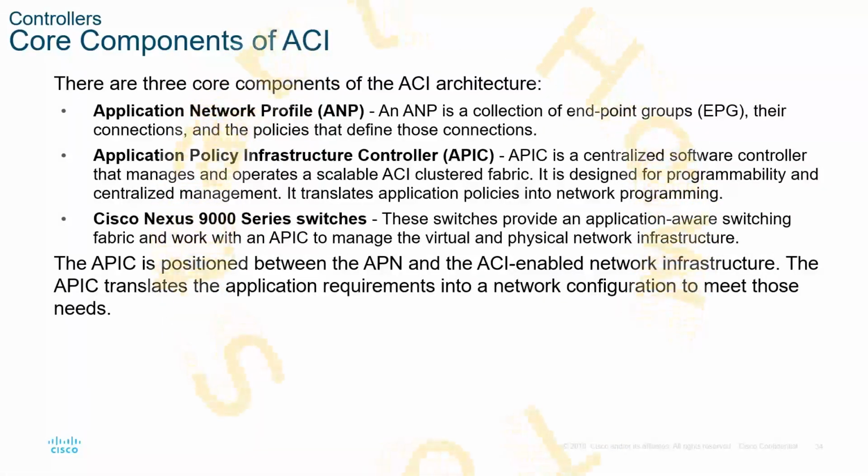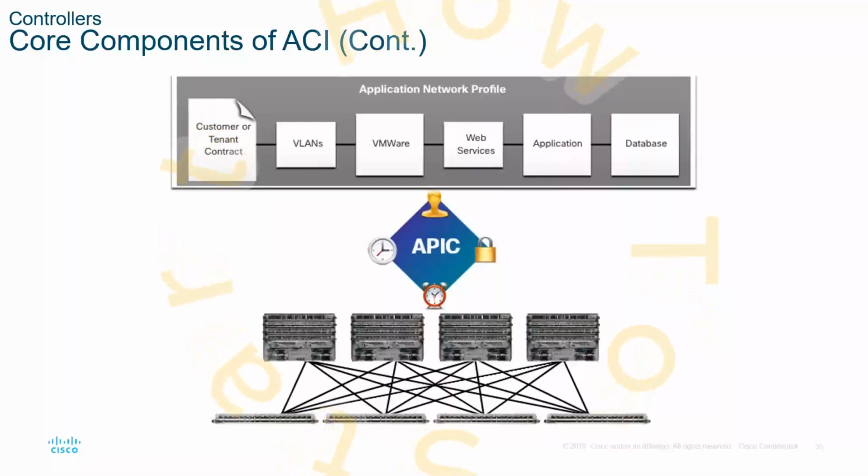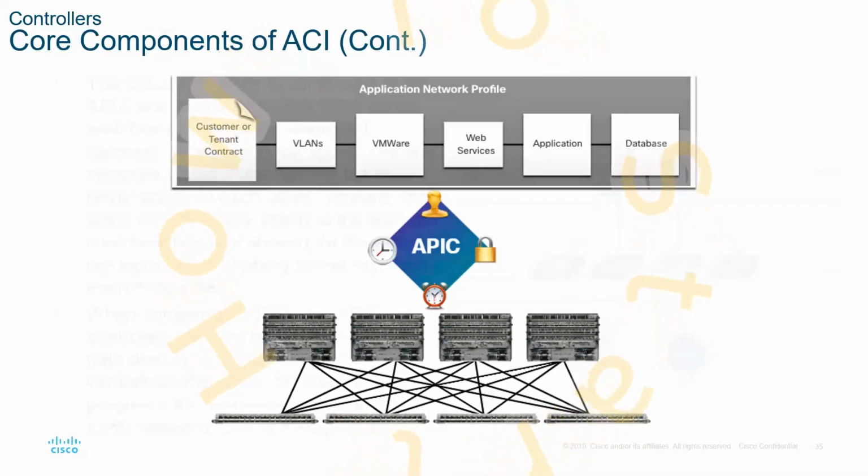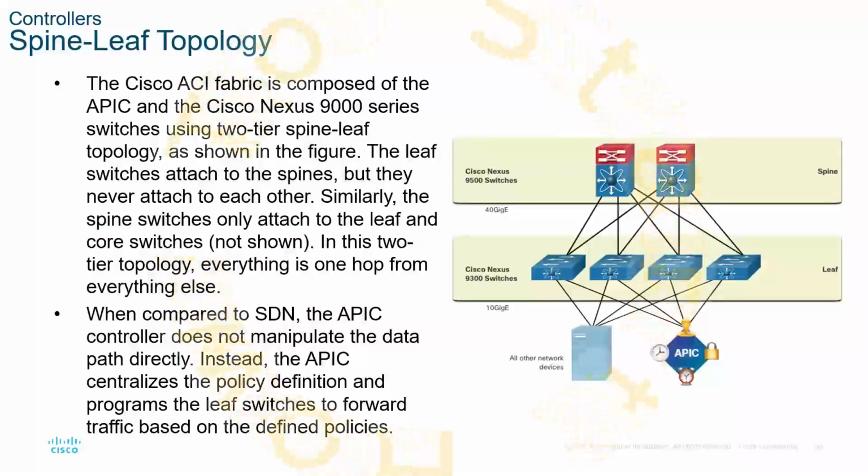So how do these function? They function by having essentially a piece of software that will interconnect the network profile. So we can have things like VLANs or VMware or other web services separate from the actual underlying hardware. So Cisco will have an ACI fabric, and this will be composed of the APICs, and you can normally find these in the Cisco Nexus 9000 series switch.